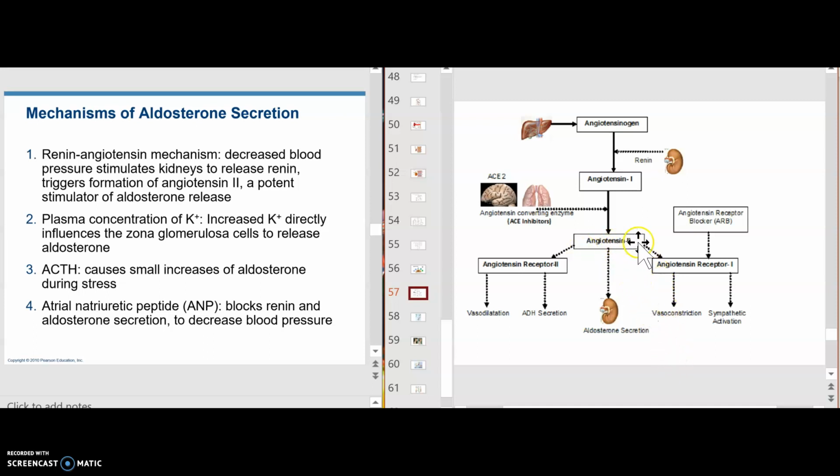This angiotensin 2 aspect is very big in what's going on right now as I'm making this video, the coronavirus and how it works on angiotensin receptors and so forth. Okay? All right. So I go back.